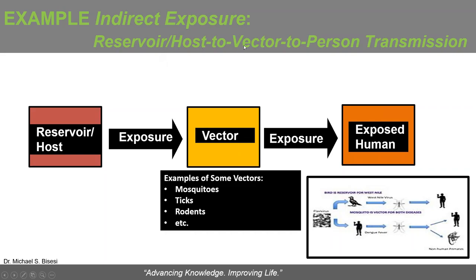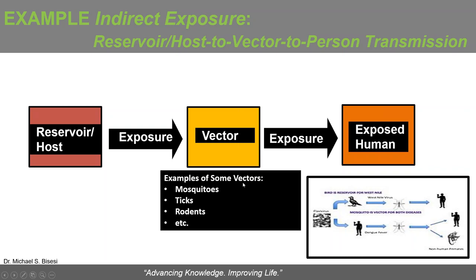A vector becomes contaminated based on feeding off the host, for example, and then interacts in some way, biting, and transmits the infectious agent to the human. Now they're exposed. So this would be a diagram that represents that simple transmission involving a vector.